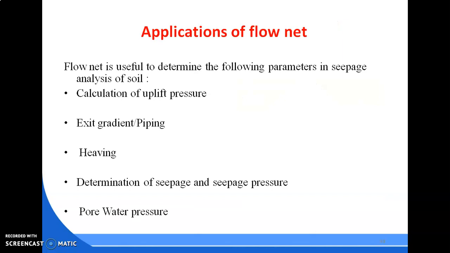Next, application of flow net. Flow net is useful to determine the following parameters in seepage analysis of soil. Some applications are calculation of uplift pressure, finding exit gradient or piping, heaving, determination of seepage and seepage pressure. Also it is necessary to find out pore water pressure.